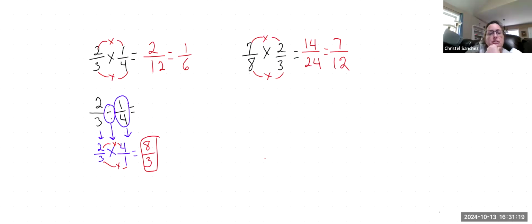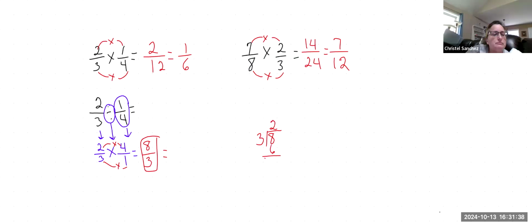So how do I change that to a mixed number? Remember, we see how many times 3 goes into 8. 3 goes into 8 two times. 2 times 3 is 6, and I have 2 left over.